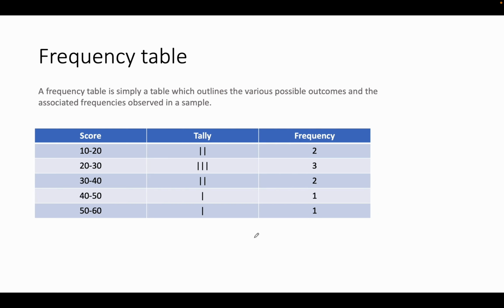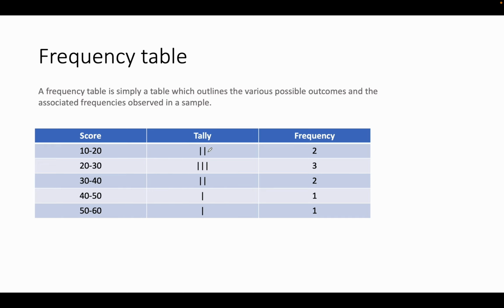Next we have the frequency table. A frequency table is simply a table which outlines the various possible outcomes and the associated frequencies observed in a sample. Suppose these are the categories. Let's talk about students scoring marks.